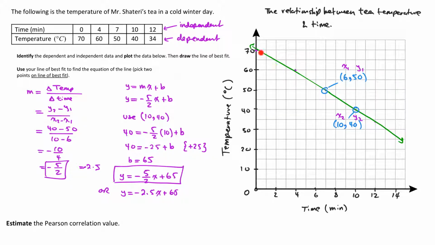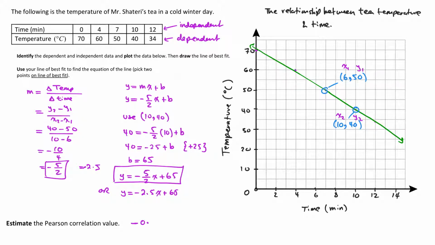So in this case, first of all, we know that our correlation is negative, so our Pearson correlation value will be negative. And again, we're estimating. This is not a very exact value. We can see that our points are extremely close to our line of best fit, so it will have to be very close to negative 1, but it's not exactly negative 1 because not all our points are on it.